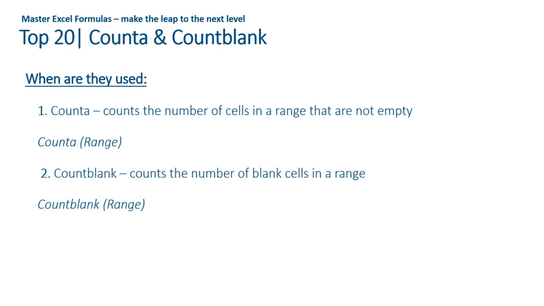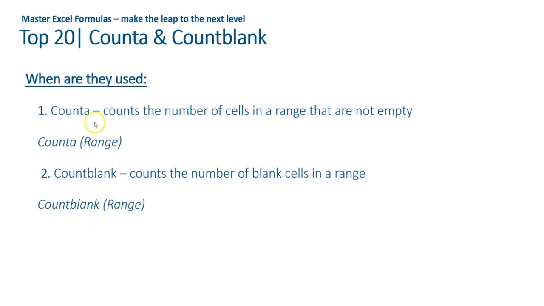So the first set of formulas have to do with the count group of formulas. However, these two formulas are slightly different compared to what we went through in the first part of the course. So COUNTA and COUNTBLANK.